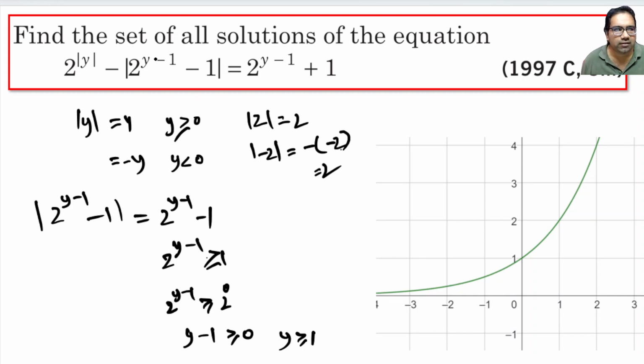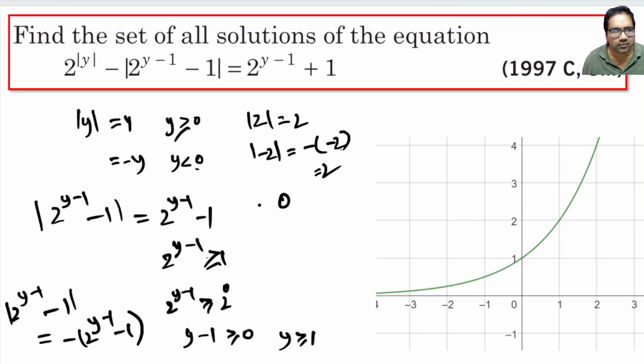When y is greater than or equal to 1, this one will change value. Obviously, when y is less than 1, the absolute value of this is equal to minus of this entire thing, 2 power y minus 1 minus 1. Now, what have we realized?